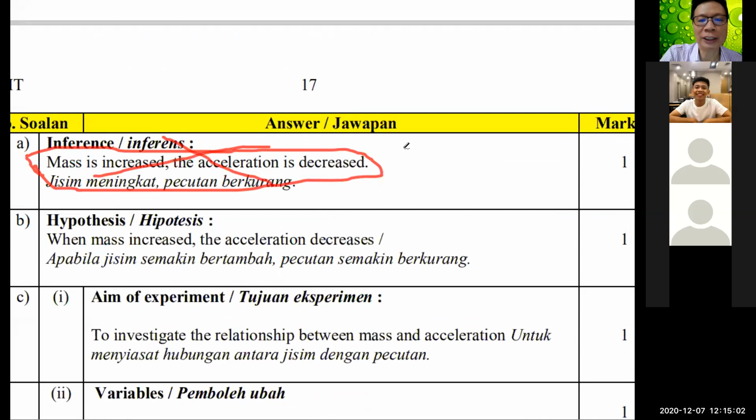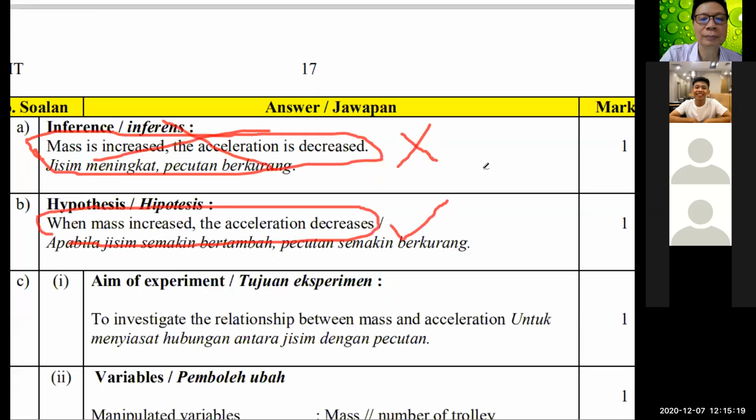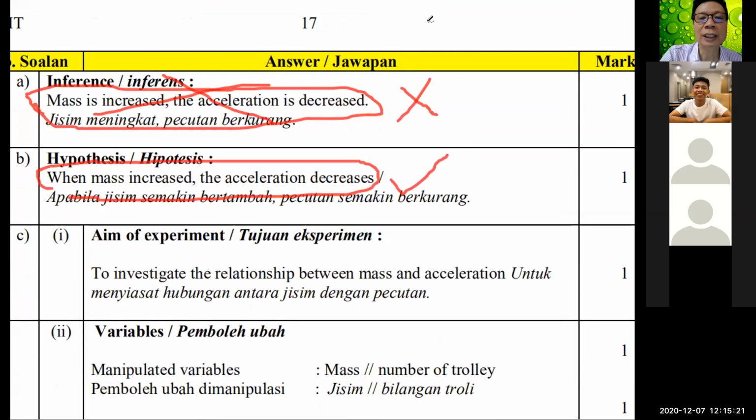For inference, you must use the keyword depends on. For hypothesis, this one can: when the mass increases, acceleration decreases. This one is correct. This one okay, this one wrong. Please don't follow. See, even the teacher's given answer is like that.